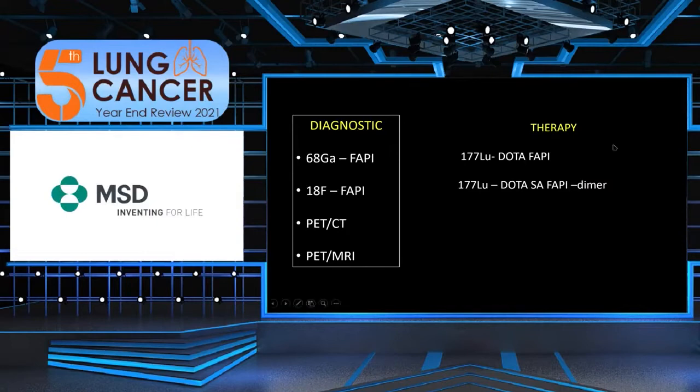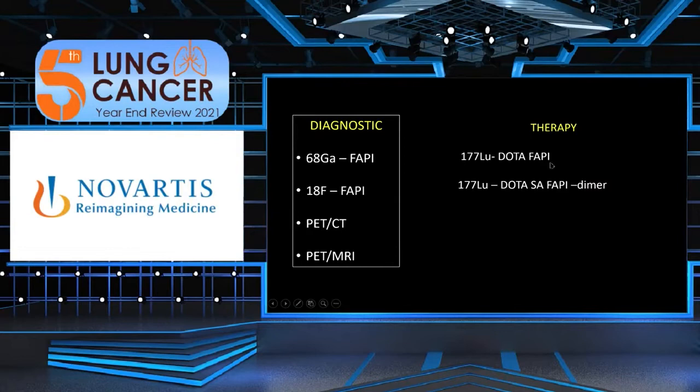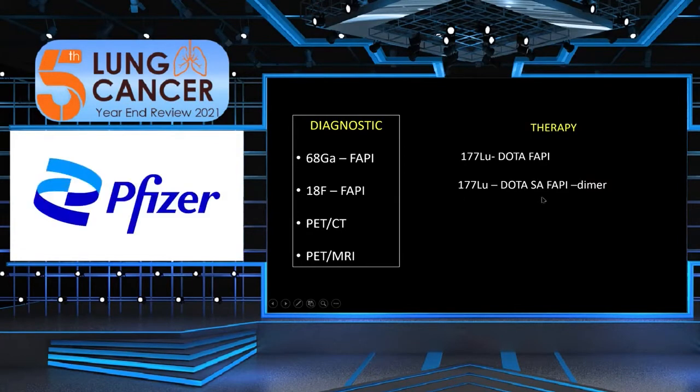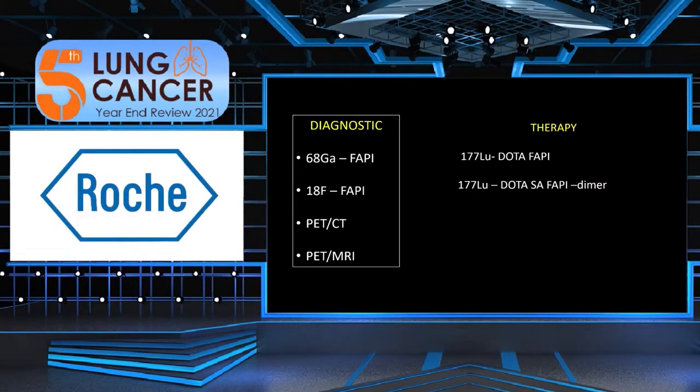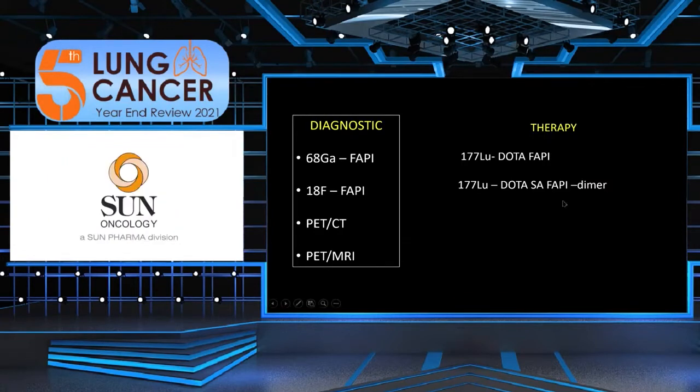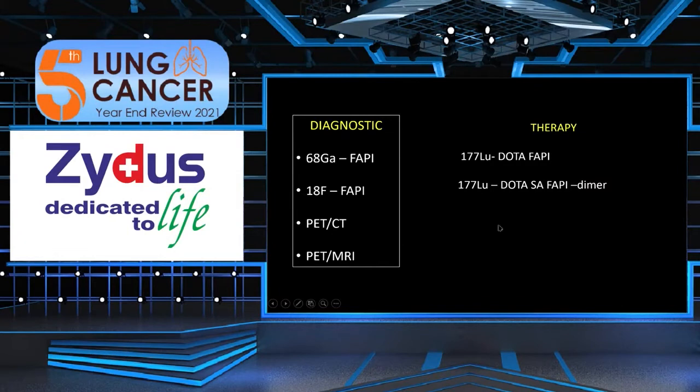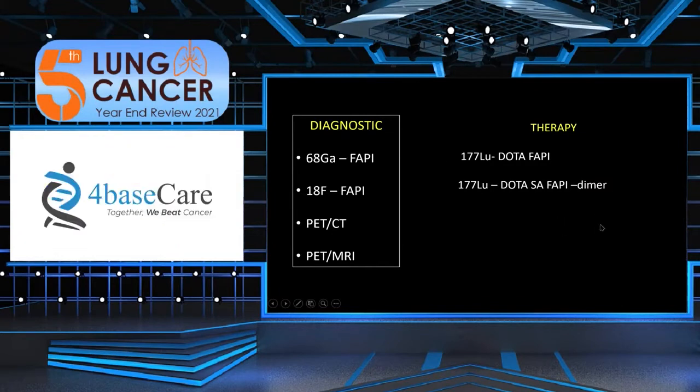So retention within the tumor is important, and at present we find the DOTA-FAPI retention is not very good. However, the whole story of FAPI in the clinical world is just the last 3-4 years, from 2018. And now we have a dimer. That means we have two FAPI components as one single entity, and that has significantly improved the retention.